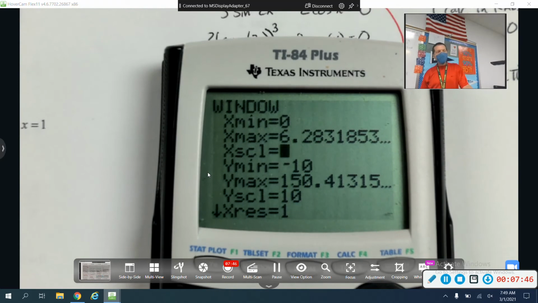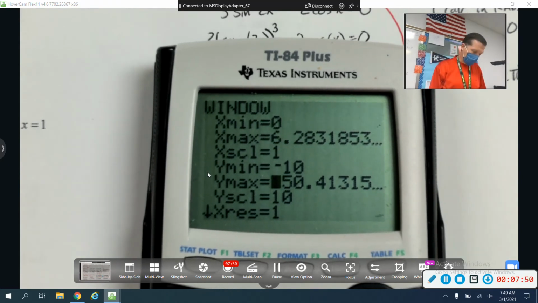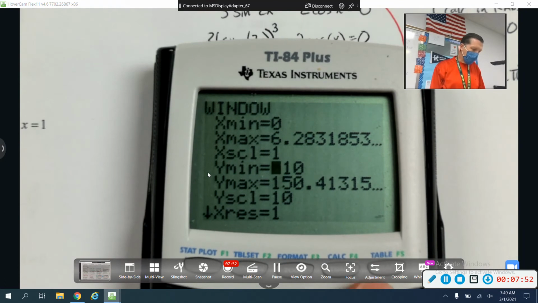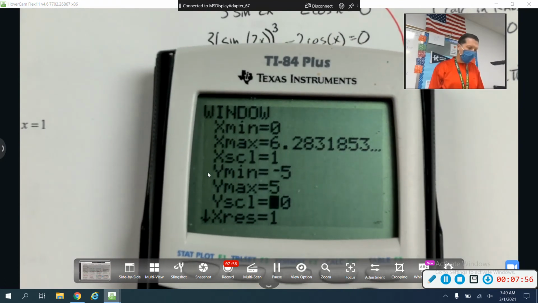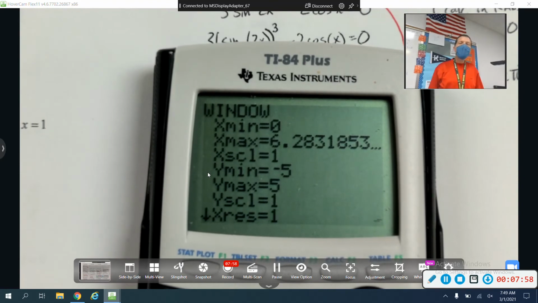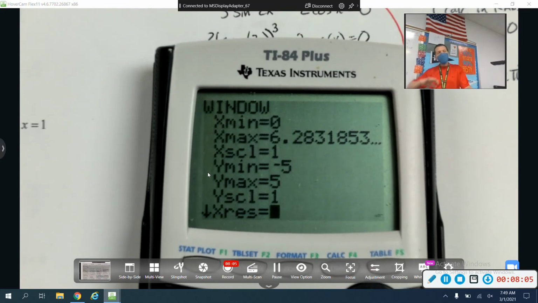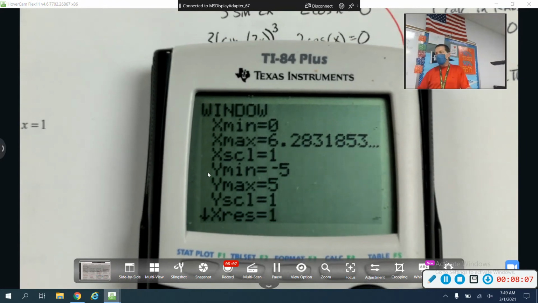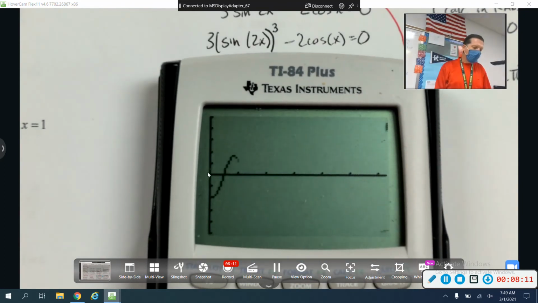For my y window, I definitely don't need to go to 150, so I don't know what I was doing on this one. As long as you can see 0, you'll be good enough. So I'm just going to go negative 5 to 5, to make sure I see 0 in there. If the graph goes off the top or off the bottom, I don't really care, because I'm only concerned with where this thing is 0.